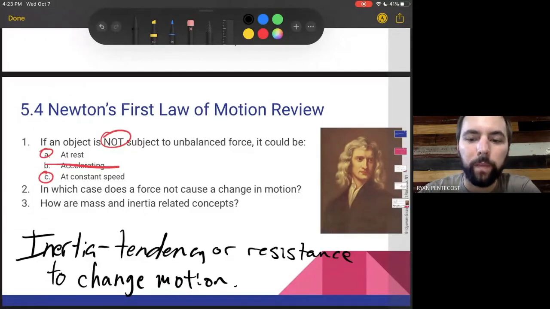Sorry for the penmanship. So inertia is basically every object wants to stay still. It's a law of physics that every object wants to stay still, or if it's moving, it just wants to keep moving in the direction it's moving. For example, my calculator has been sitting on this table the entire video.